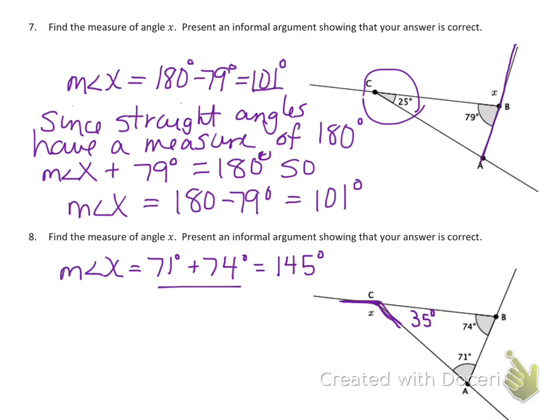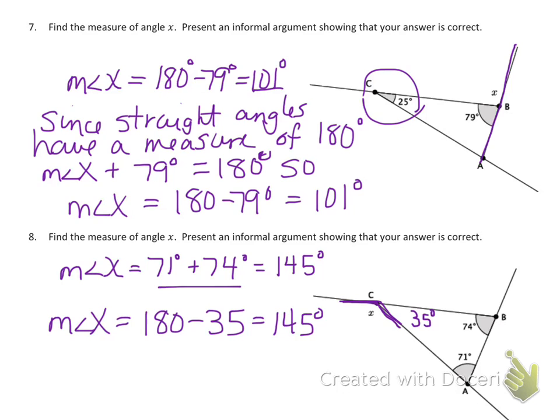So my measure of angle X is going to be 180 minus 35, which is 145. Okay, so I abbreviated my argument and just gave it verbally. You should practice having that in writing.